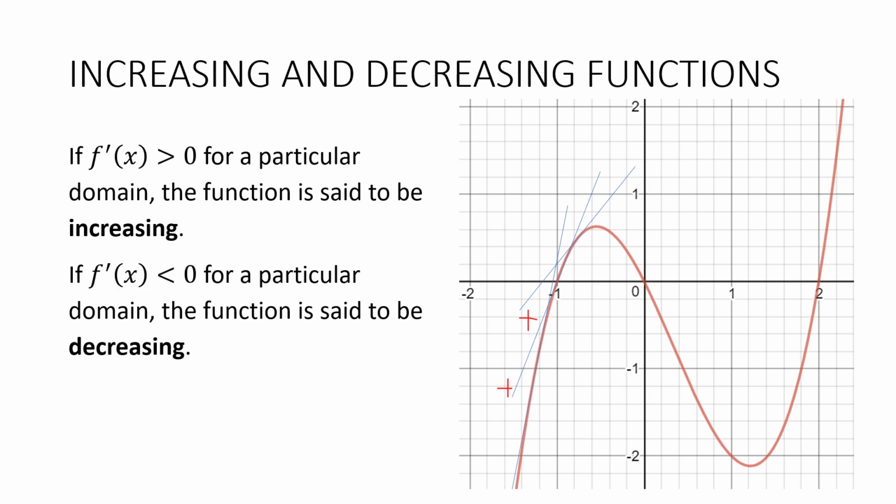If f dash of x is less than 0 for a particular domain, the function is said to be decreasing. And here you can see it's all going downhill. And then finally the last part of the curve there, we're going uphill again. So we have increasing at this point, decreasing here, and then increasing again.